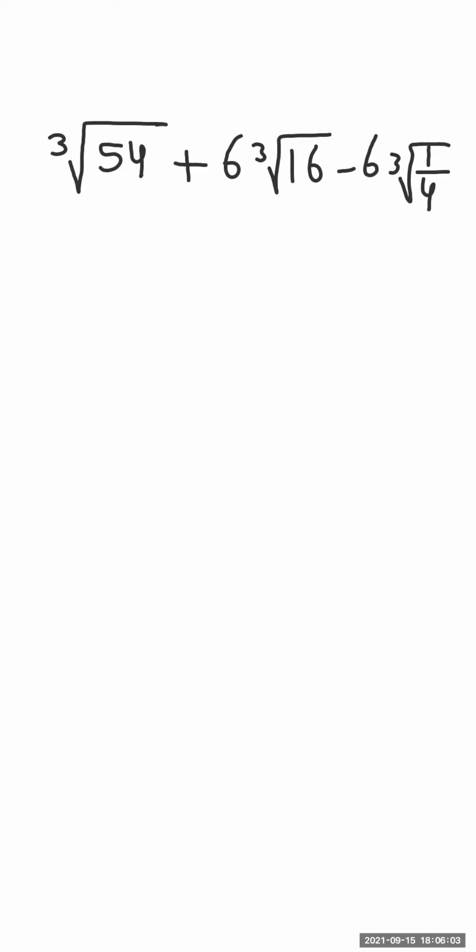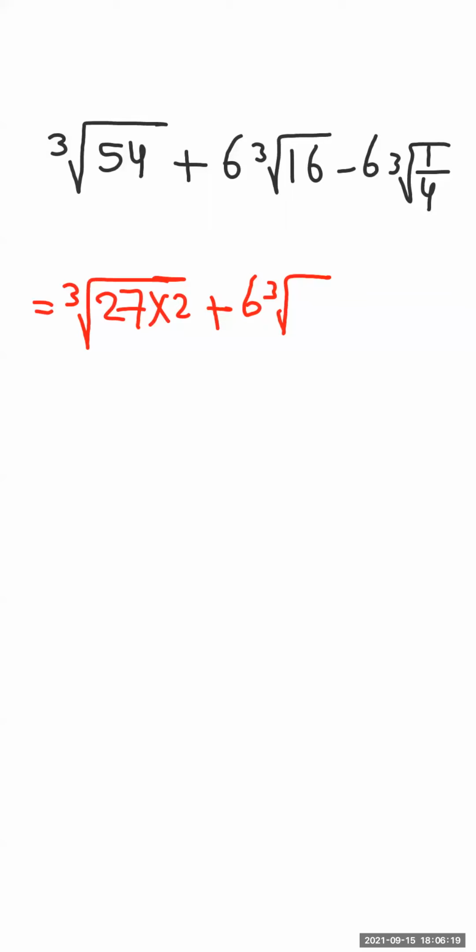So it will equal cubic root of 54 means 27 multiply 2. Then 6 cubic root 16 means 8 times 2. Then minus 6 cubic root of 1 over 4.